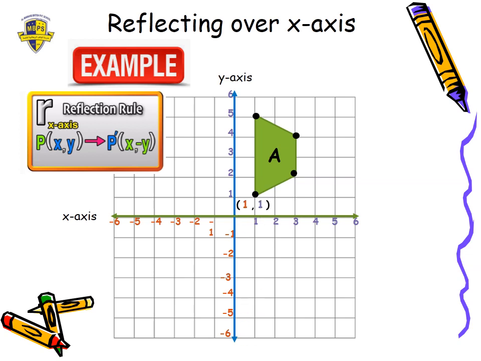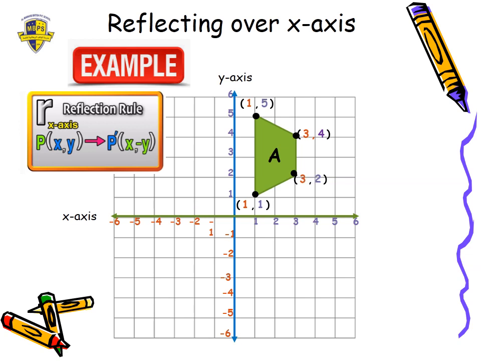The first one is what? Good, (1, 1). The second, x is 1, and y, good, 5. We write x first, so this is (1, 5). The third one is what? (3, 4), good. And the last one, (3, 2).